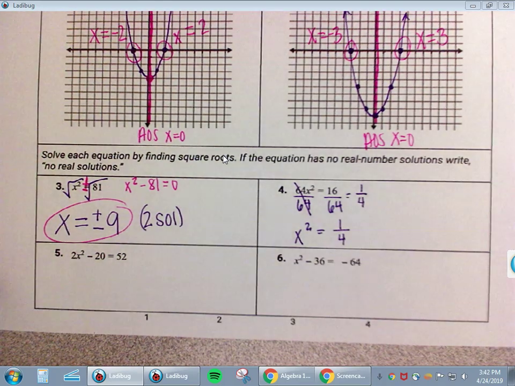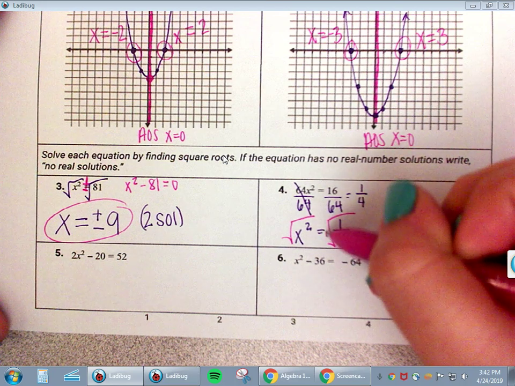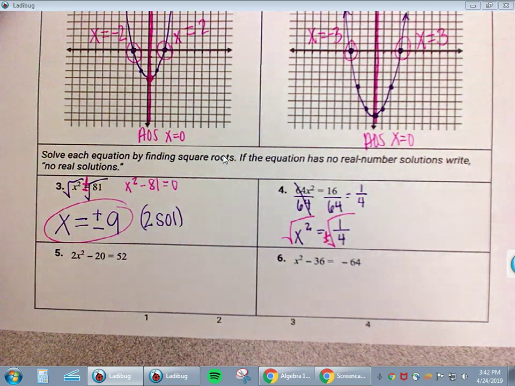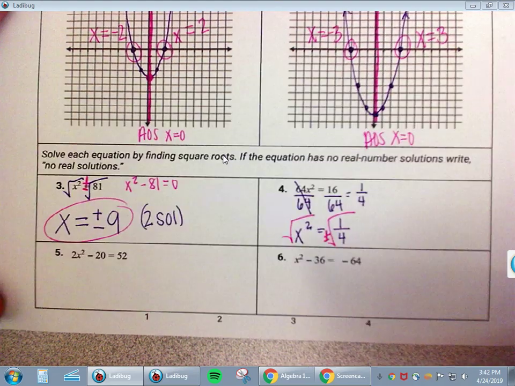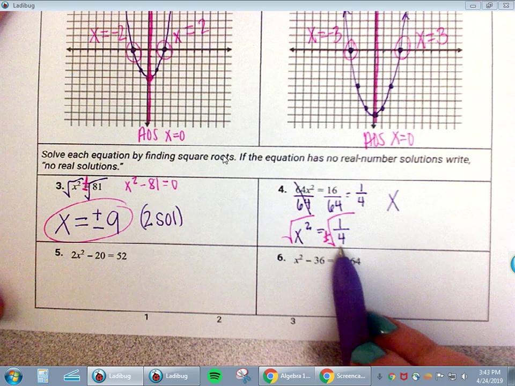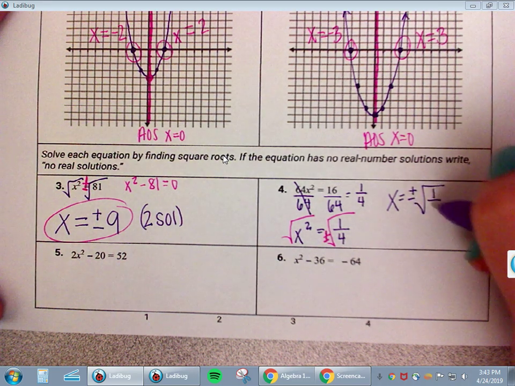Okay, so we've got x squared by itself. We want to square root both sides to get rid of it. And when I square root this side, I need to do a plus or minus on that side. So the left is just x squared. I'm sorry, the left is just x. The right is plus or minus the square root of 1/4.